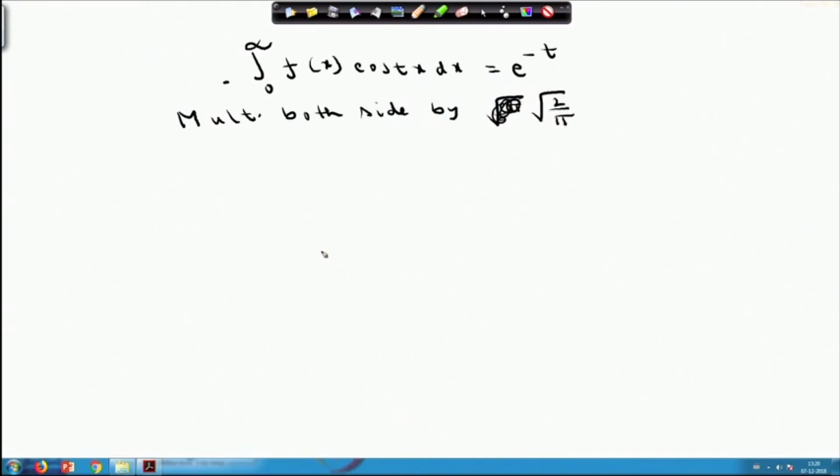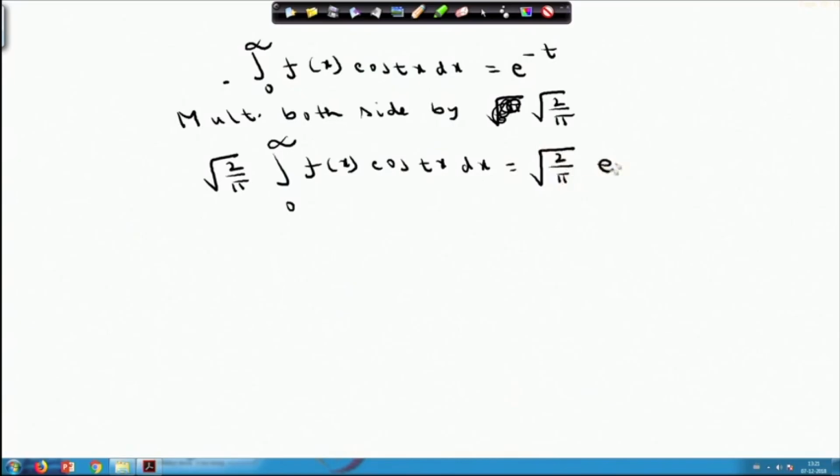If I multiply both sides by root over 2 by pi, I will obtain integral 0 to infinity f(x) into cos(tx) dx equals root over 2 by pi e power minus t. So, once I am multiplying by root over 2 by pi on both sides of the given equation, I will obtain root over 2 by pi integral 0 to infinity f(x) cos(tx) dx.